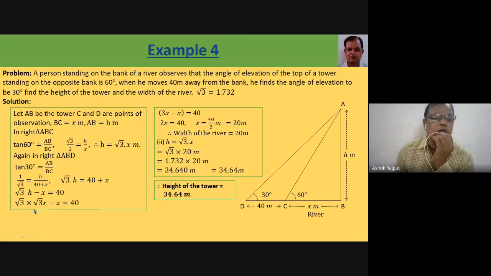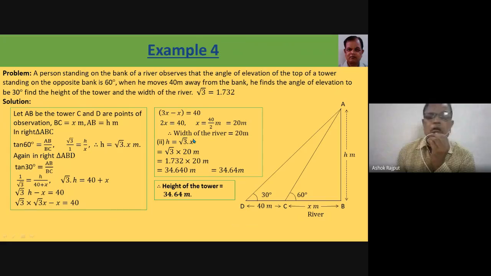Now we will see here root 3 into root 3x minus x equal to 40, as we have found the value of h is root 3x meter, so we have written here root 3x. Now it is 3x minus x, it will be 2x equal to 40 meter, therefore x equal to 20 meter.